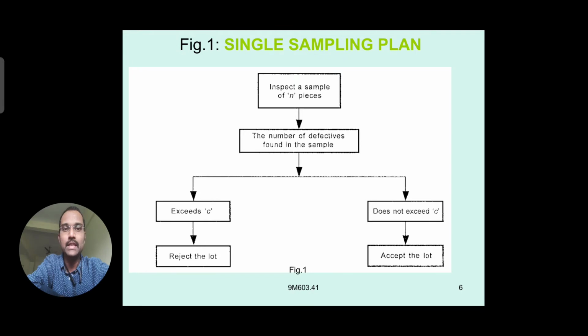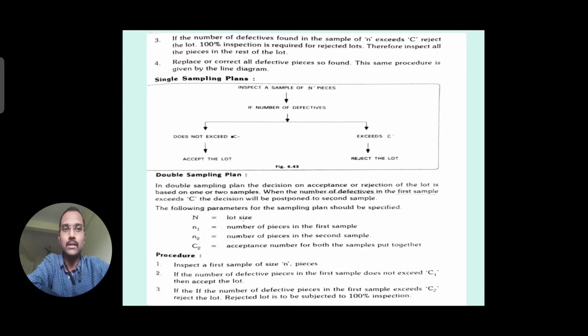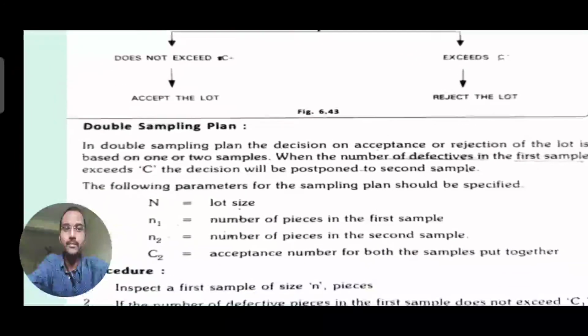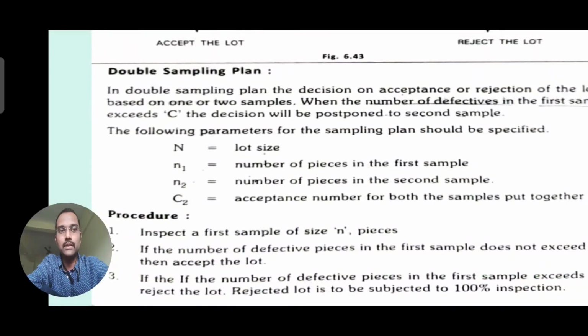All the 50 units have to be inspected and all the defective parts replaced with good ones. That is a simple way to understand this single sampling plan. Okay, next, coming to the double sampling plan, it is quite interesting compared with the single sampling plan.